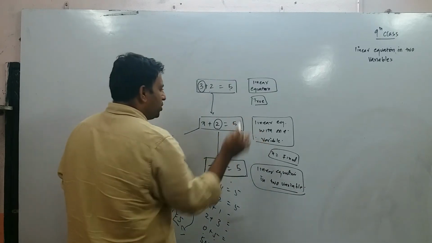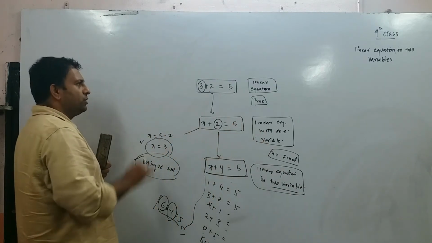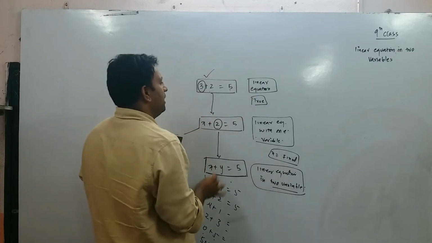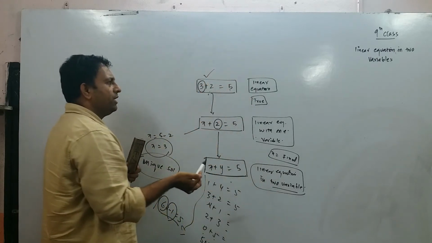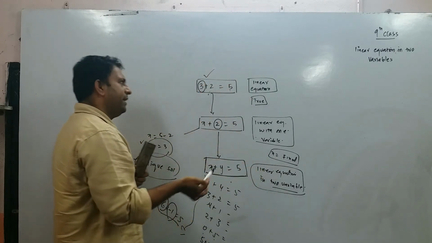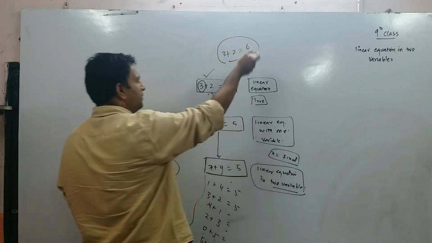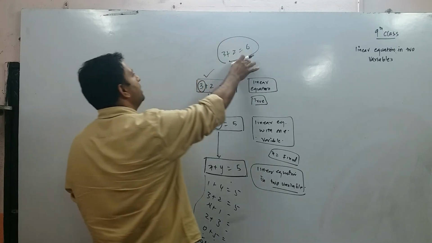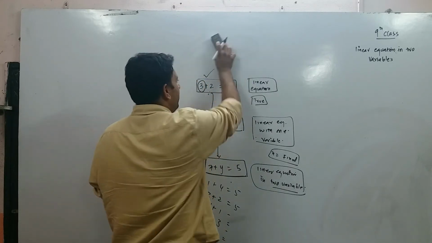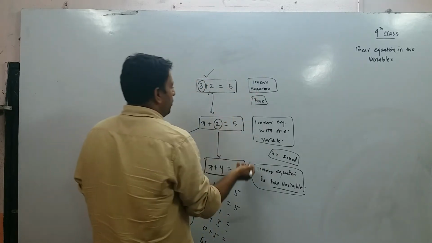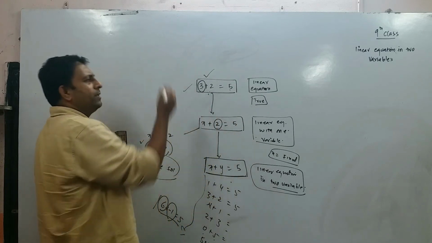A linear equation in one variable will have a unique solution. And here it is just a linear equation where the equation can be true or false, as I explained. For example, if I write 3 plus 2 is equal to 6, that is not true. That is false. No doubt that is a linear equation, but that is a false equation. So when we speak about the truth of the equation, you have 3 plus 2 is equal to 5.